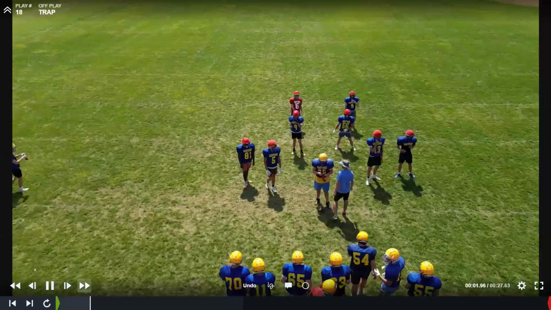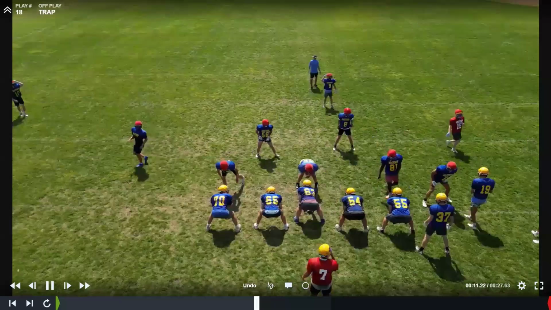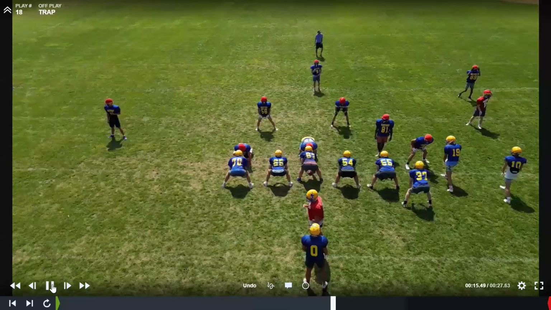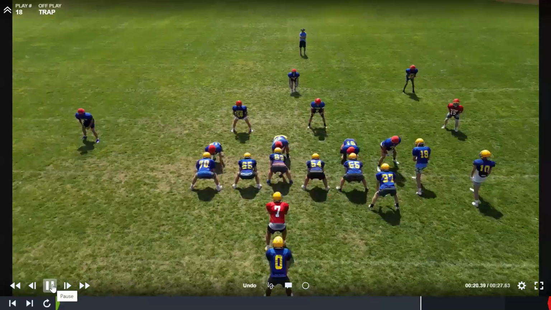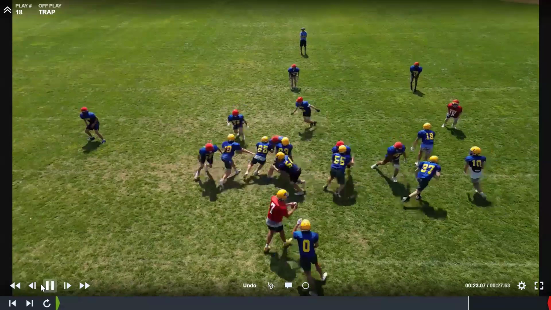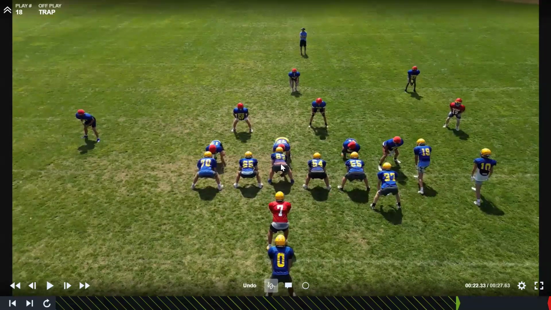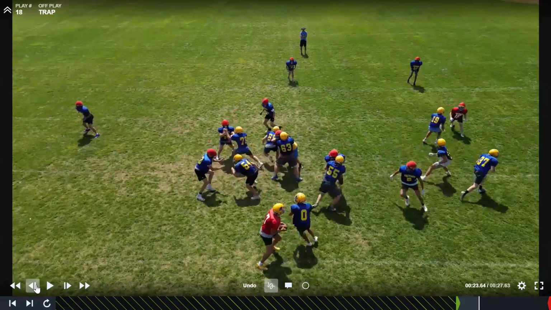Okay, next one here. We're going to run trap. Same thing on this base block. Low, lunge, lift. Got a drive block going there. Now this time you're a little higher.